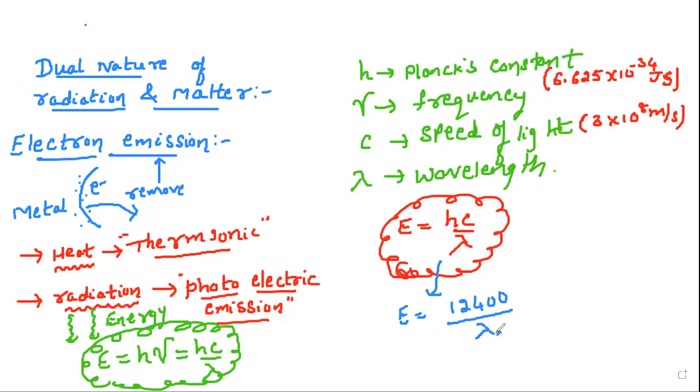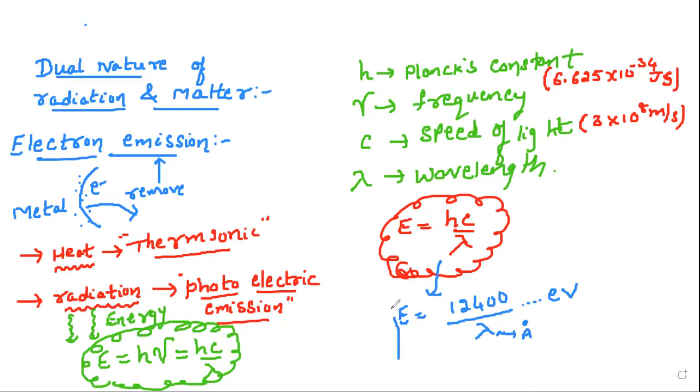Please remember, this lambda should be in angstrom. And you will get the energy in electron volt. You won't get it in joule. You will get it in electron volt.